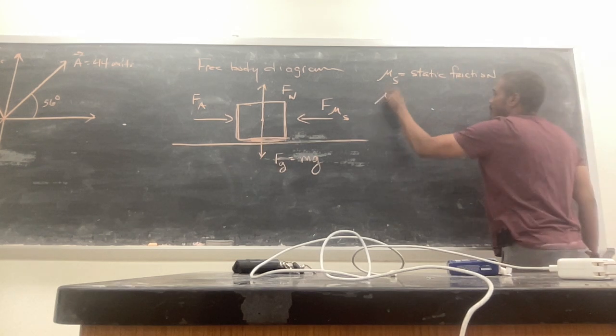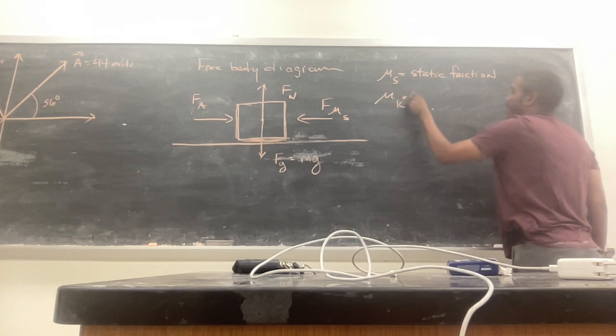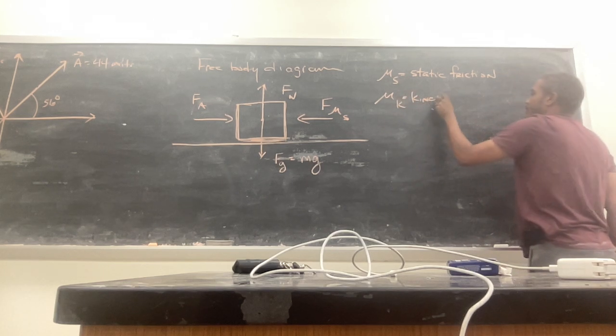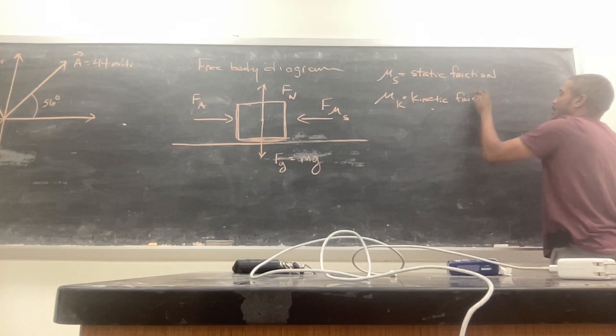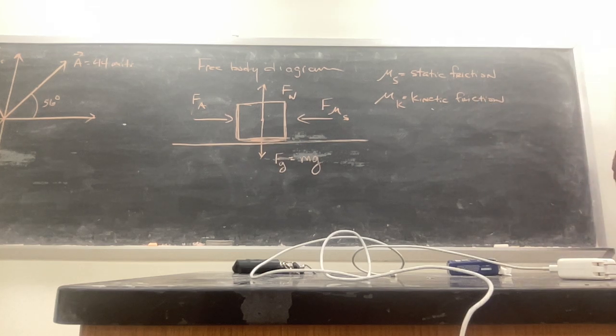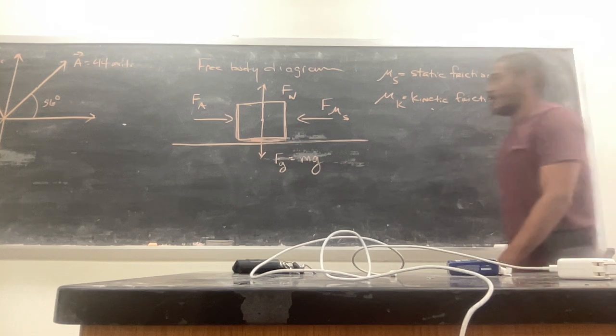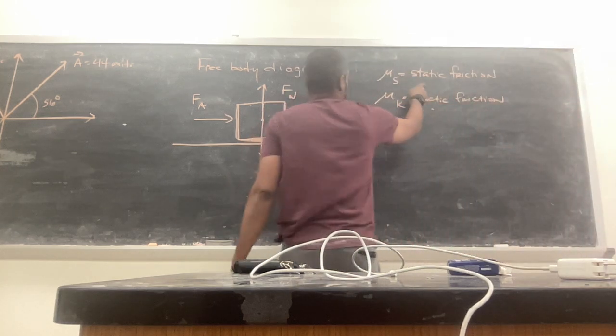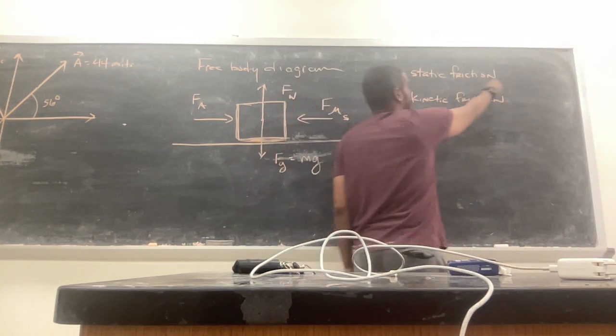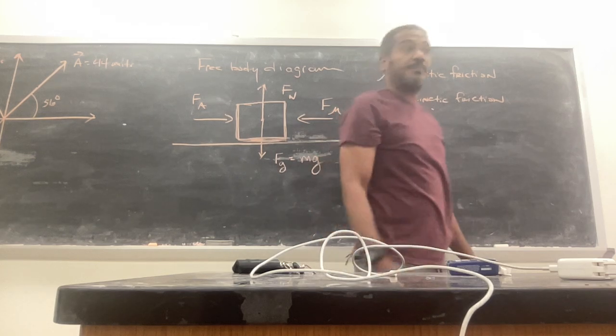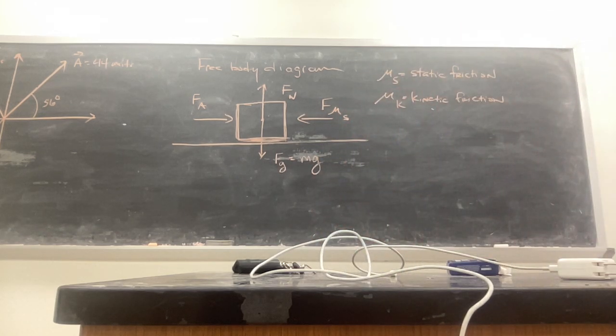And we have mu of K, which is kinetic friction. Okay? So we have to overcome the static friction first, before the box can move. Once we overcome the static friction, then the kinetic friction kicks in.